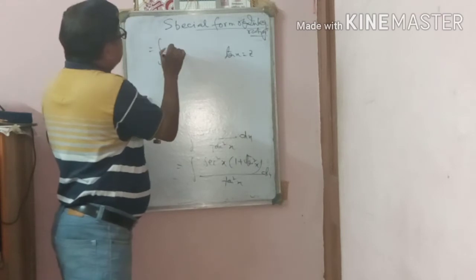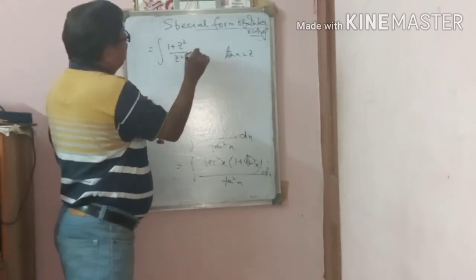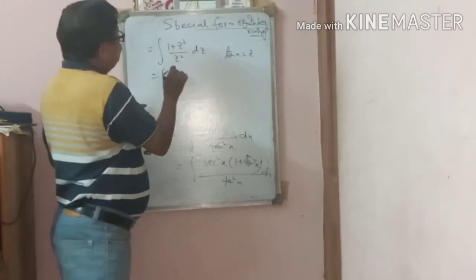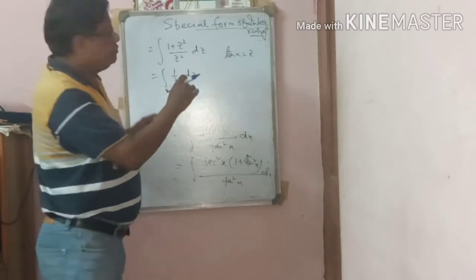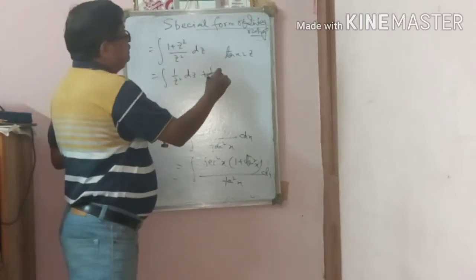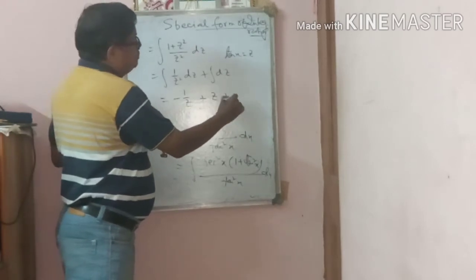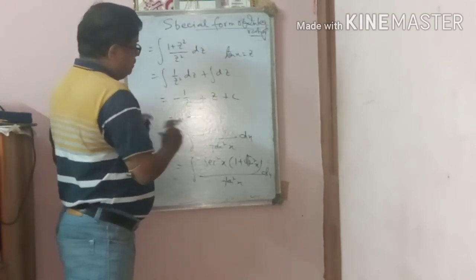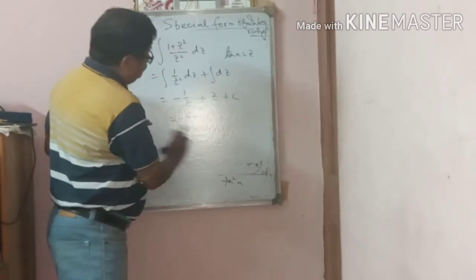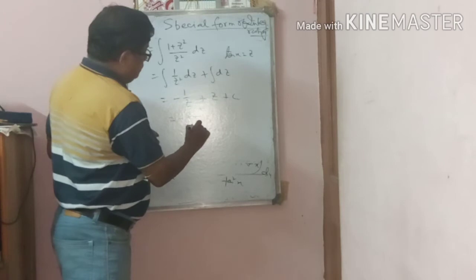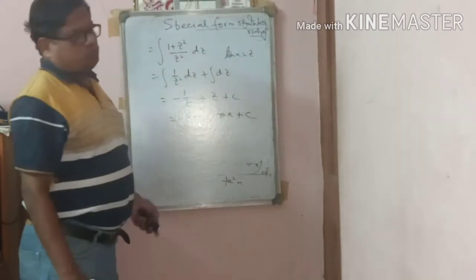So the integration of 1 plus z square by z square dz, so 1 by z square dz plus dz. This will be minus 1 by z plus constant, that is minus 1 by tan x plus tan x plus constant. So it is an easy sum.